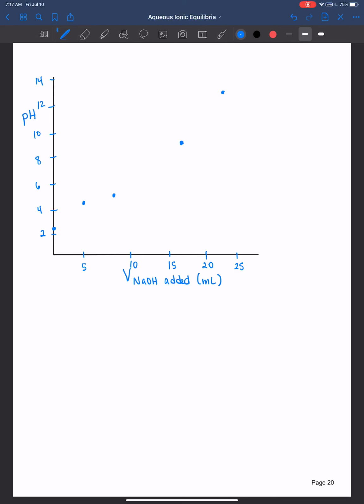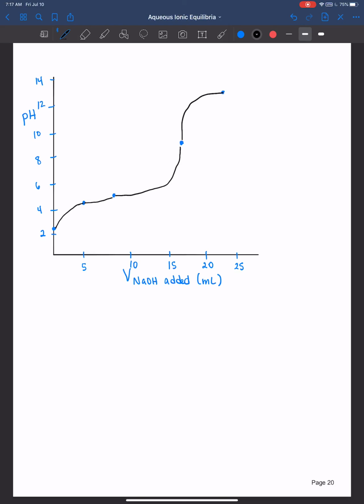So remember that these titration curves look kind of like a letter S. Here, let me show you. It'll look like this for a weak acid, strong base titration.